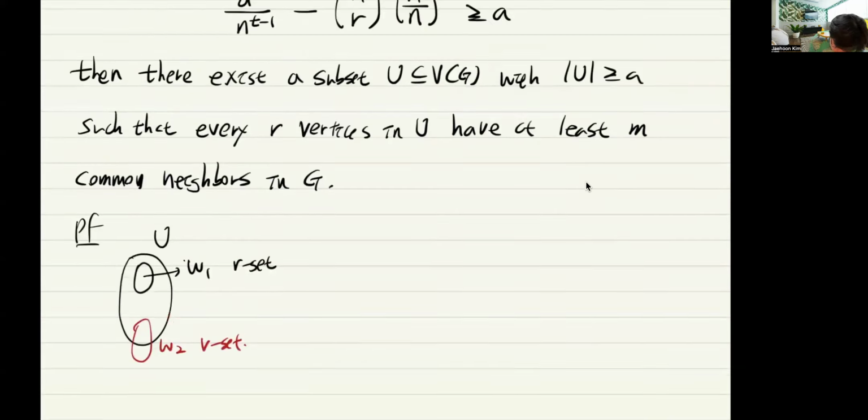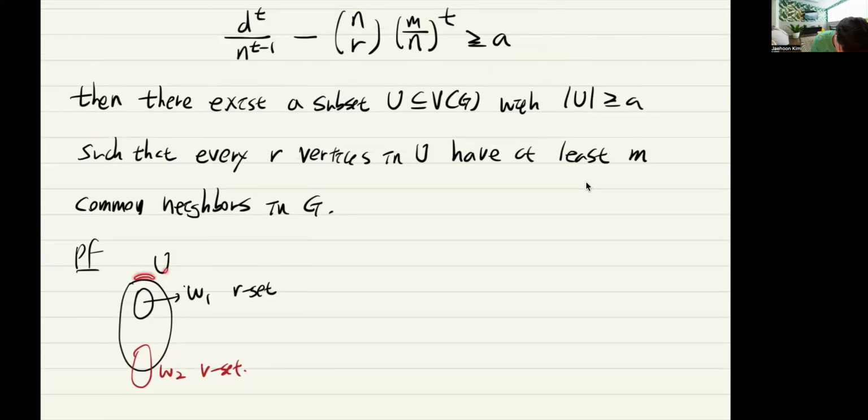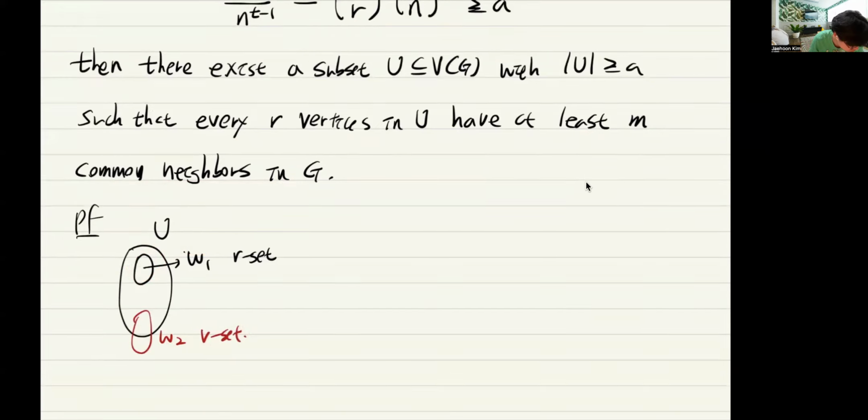What do we want? We want to choose this U in some sort of random way, to ensure that if these R vertices have lots of common neighbors, then it is more likely to be included, while if it has a smaller number of common neighbors, it is less likely to be included.